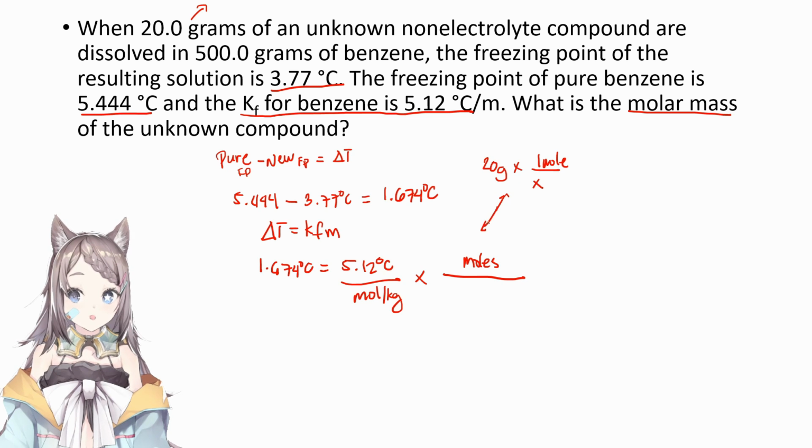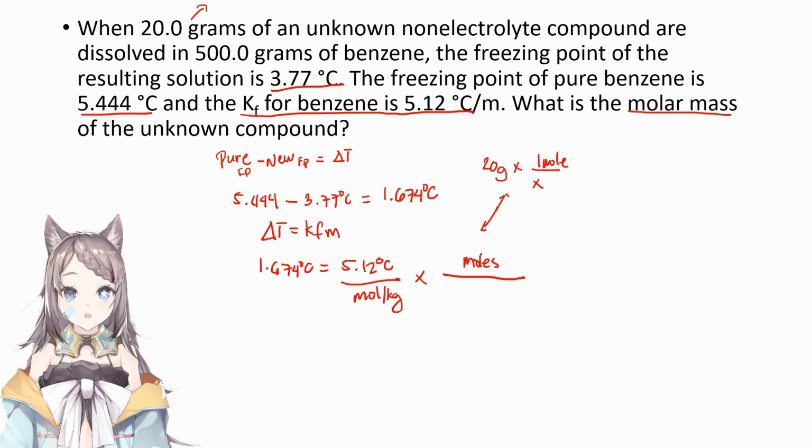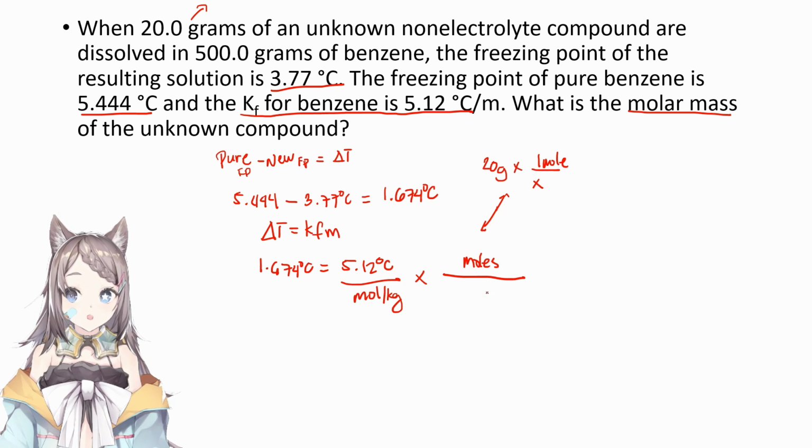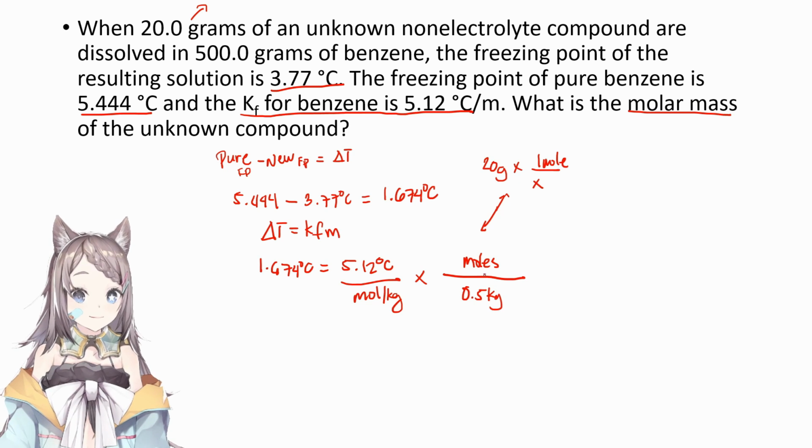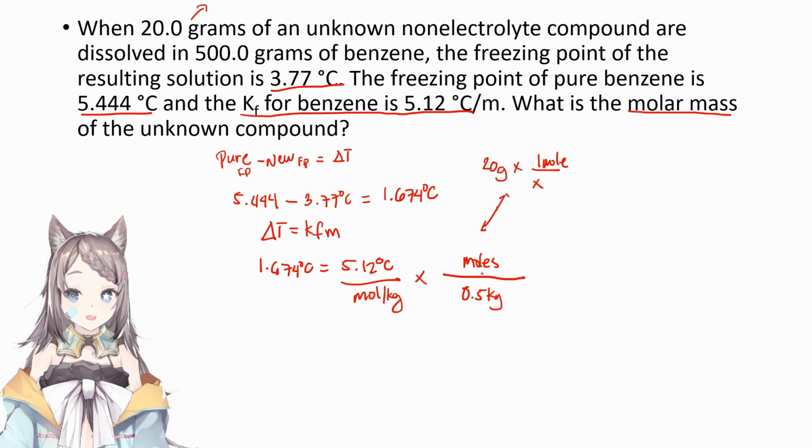Okay. However, I would prefer to do it this way, in which it is a two-step problem. Moles per kilograms of solvent, we have 500 grams, so that is 0.5 kilograms of benzene. Again, I would like to isolate the missing variable, moles, on one side, and all the other variables on the other side.